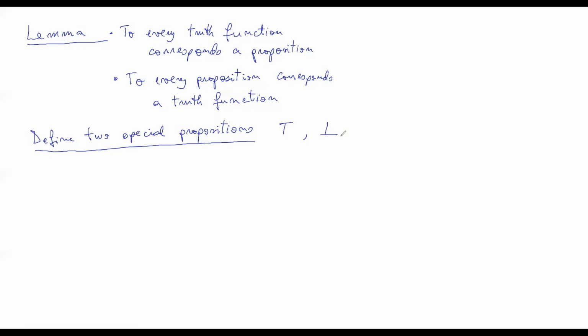And this one is going to be the truth function. So the always true function, if you like, or always true proposition. And that's the intuition you should have. And this one, the intuition you should have is the always false proposition. So these are just two special propositions I'm defining.